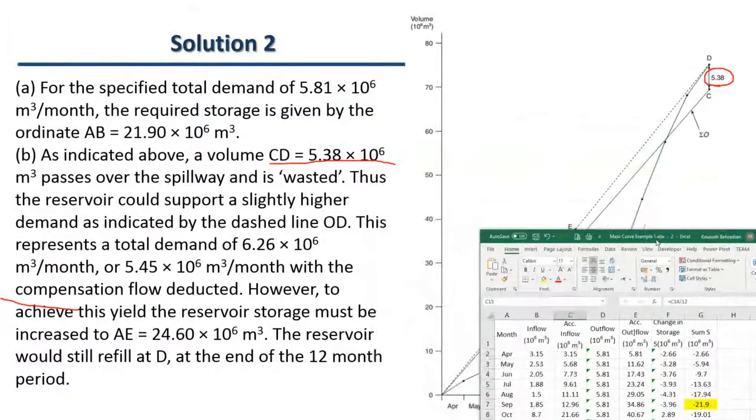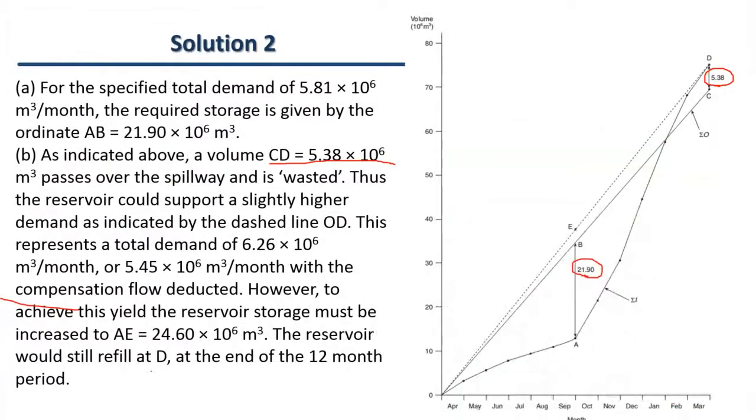the calculations. If you have 6.25 million cubic meters, we will exactly have the same as that one, or 5.45. 5.45 is for the case with the compensation flow deducted.